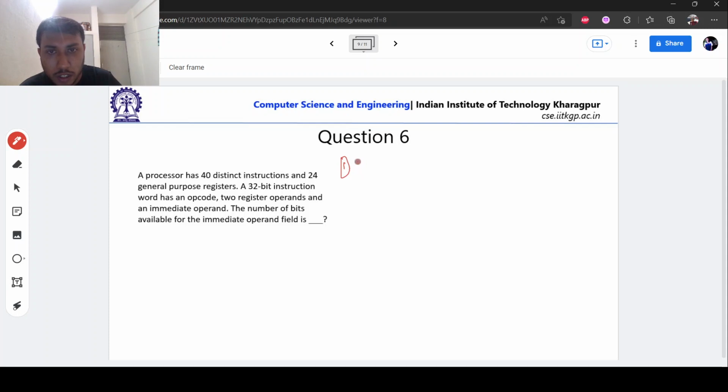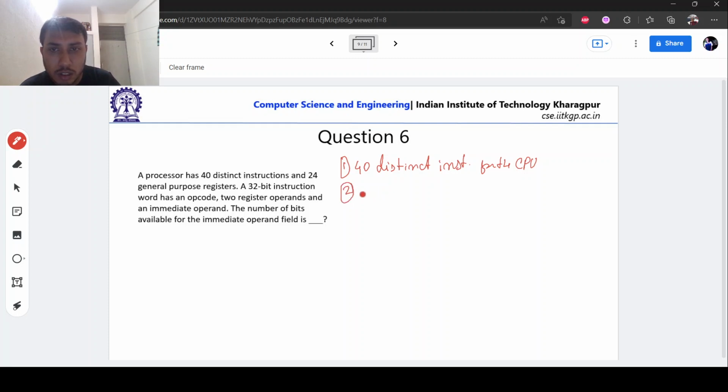Number one, there are 40 distinct instructions for the processor.